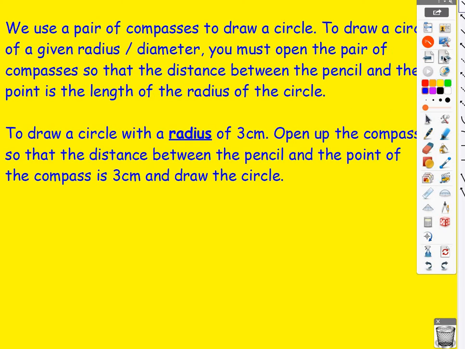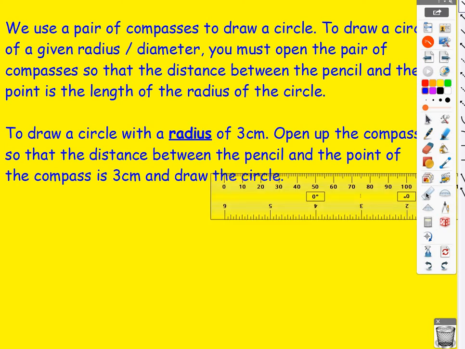To draw a circle, we need to use a pair of compasses. What we do is open up the compass so the distance between the point of the compass and your pencil is the distance of the radius. We'll have a little go at that now. The question on the board asks you to draw a circle with a radius of 3 centimetres.